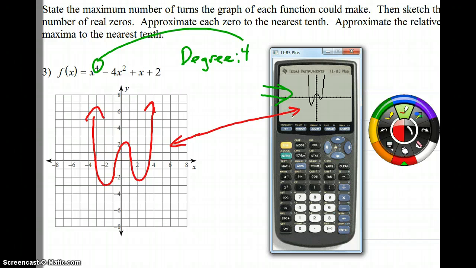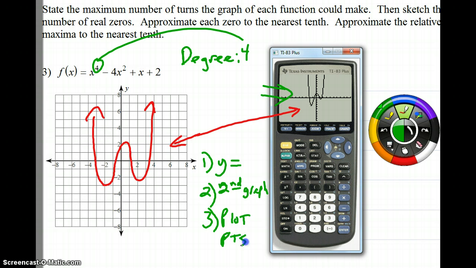So your steps here: put the equation into the calculator under the y equals. Then you'll probably want to hit second graph, and those will give you some points. Okay. Then plot the points and go back and forth with the graph and the points so that you can see the basic shape.